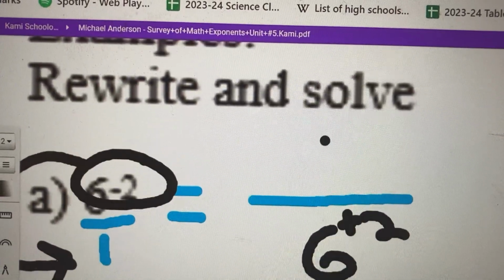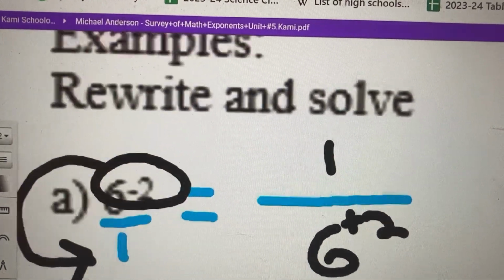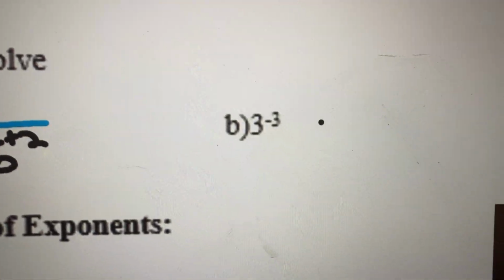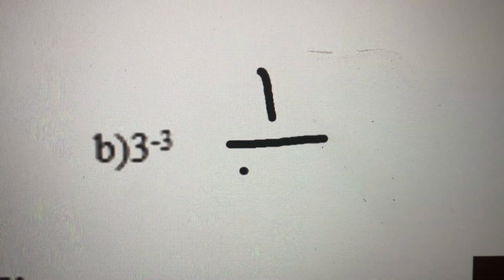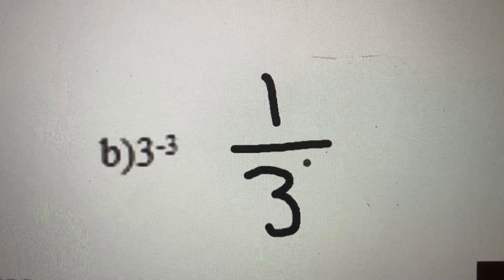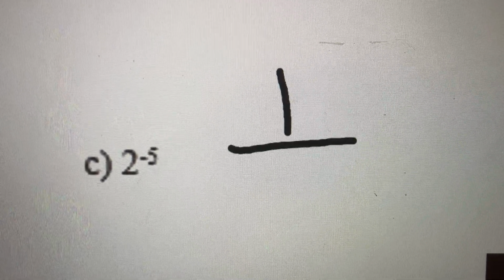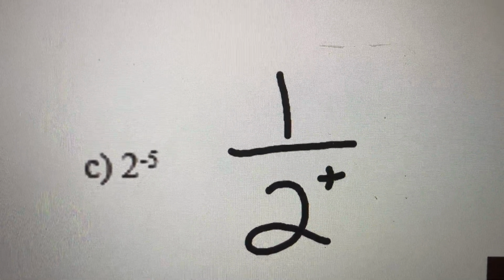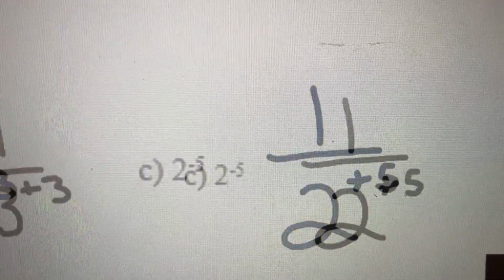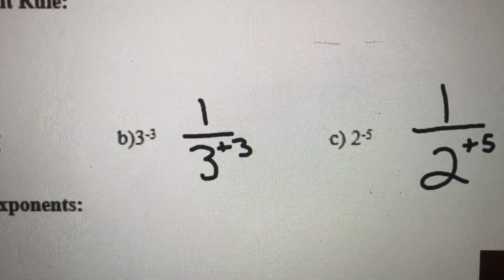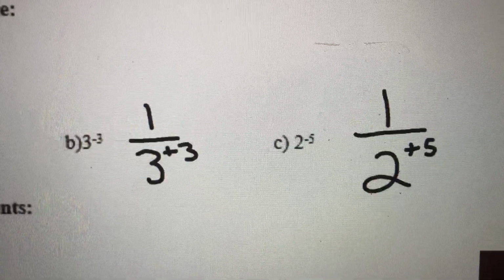And on the top, I just have a 1 as a placeholder. 3 to the negative third is the same thing as 1 over 3 to the positive third. 2 to the negative fifth is the same thing as 1 over 2 to the positive fifth. Whenever you move an exponent across the division bar, it's going to get the opposite sign.